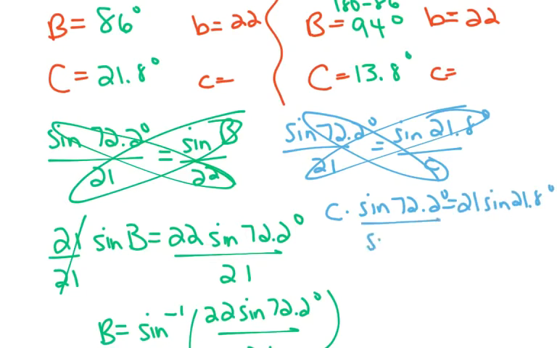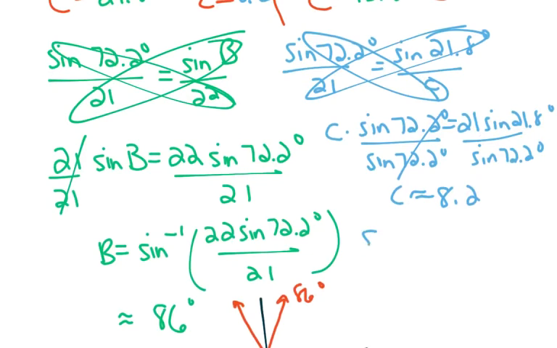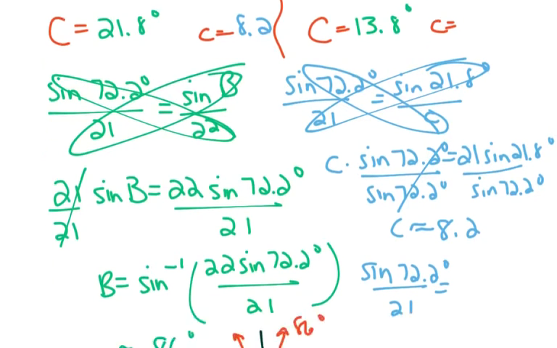I'm going to divide both sides by the sine of 72.2, and then I'm going to put it in my calculator, and I'm going to get about 8.2. And then I have to do the law of sines again for the second solution. This time I'm going to do sine of 72.2 over 21, but I'm going to set it equal to the sine of 13.8 over C.